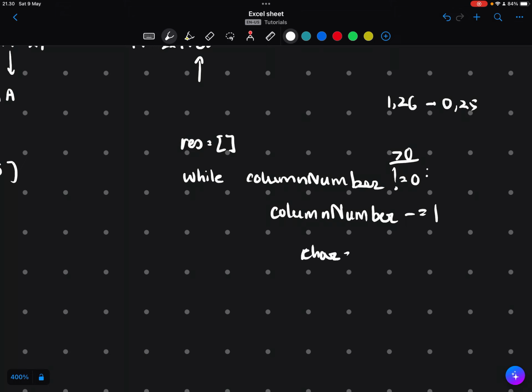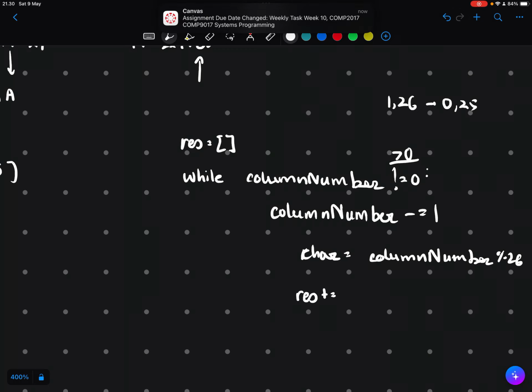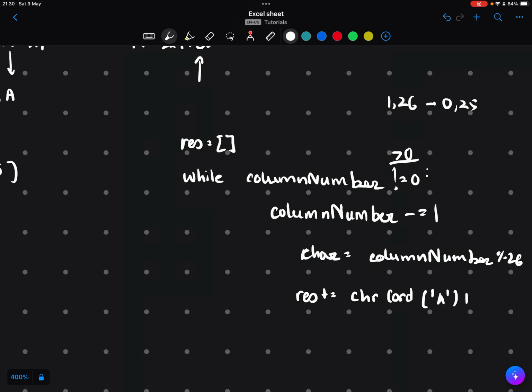The character itself, like I said, we will extract by taking the modulo, and at the end we will add to our result chr(ord('A') plus char).